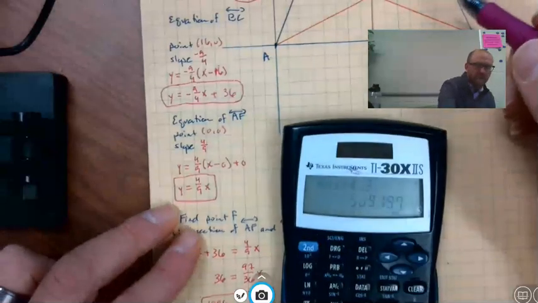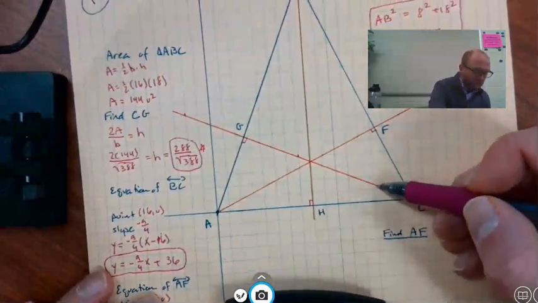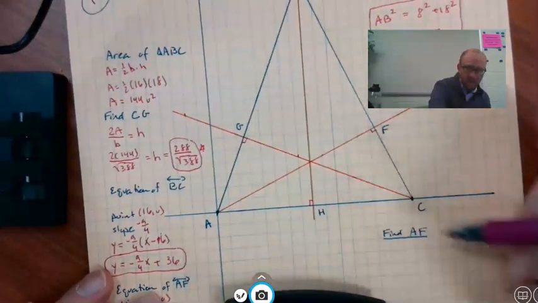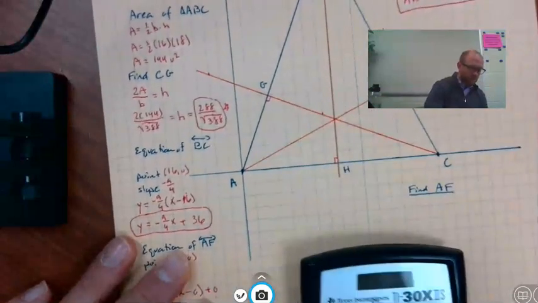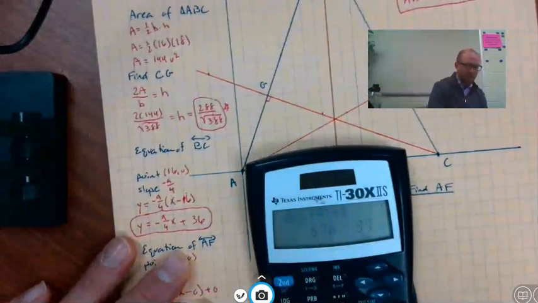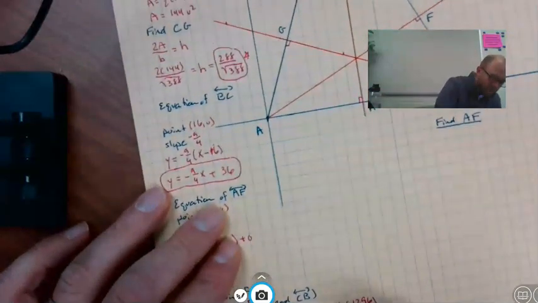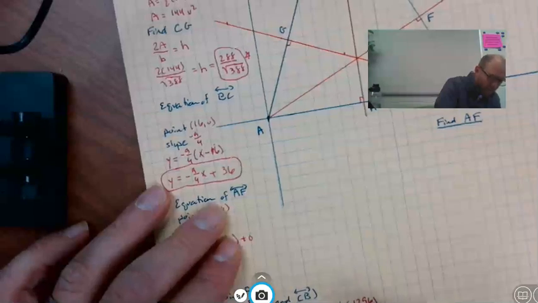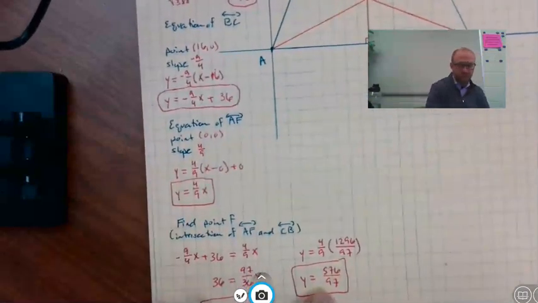That gives us something that's a little over 5, almost 6. 1, 2, 3, 4, 5, and it looks like it is almost 6. So I think that's reasonable. And that's 576/97. That's just a horrible number. Nope, 576/97. It's right there.